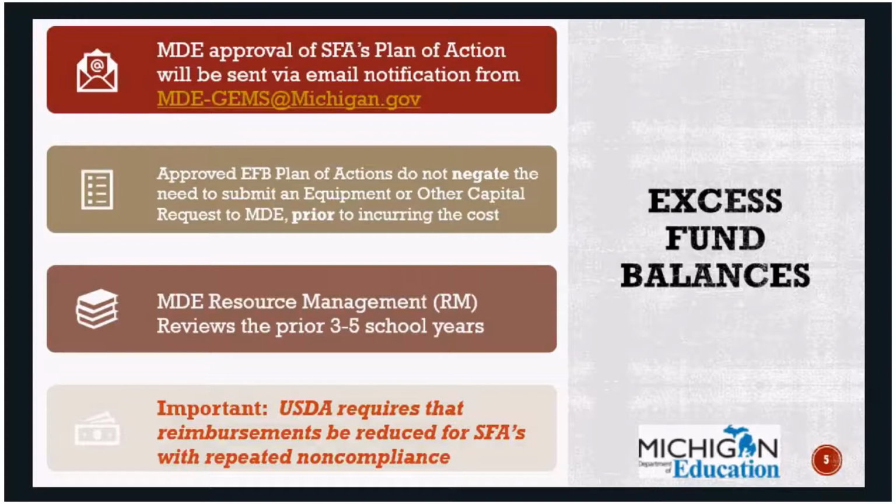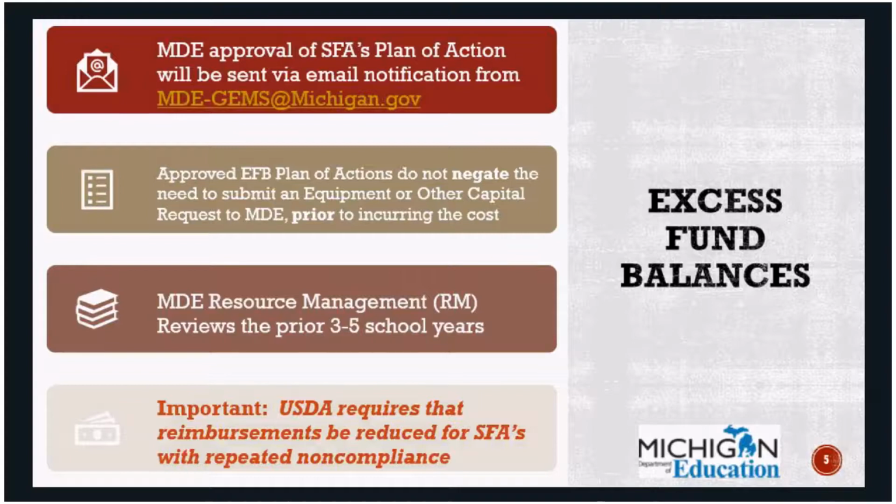They also can be submitted prior to waiting for MDE to send initial notification requiring a spend down plan for SFAs with an excess fund balance. The equipment or other capital outlay requests are needed to back up the spend down plan eventually anyway.